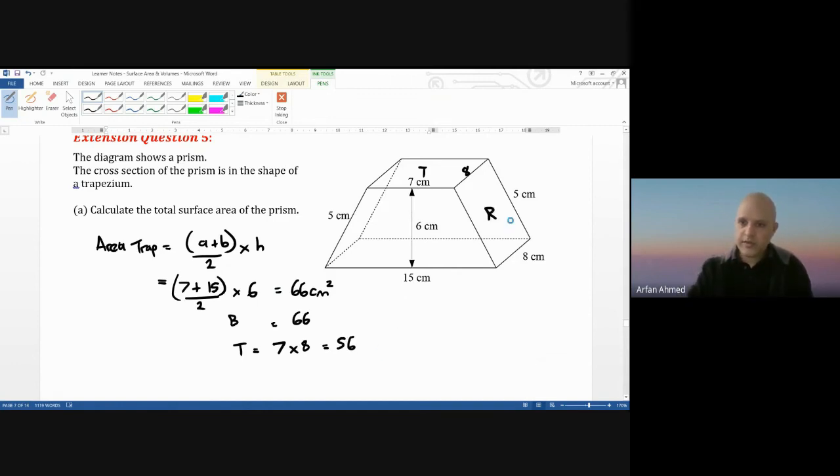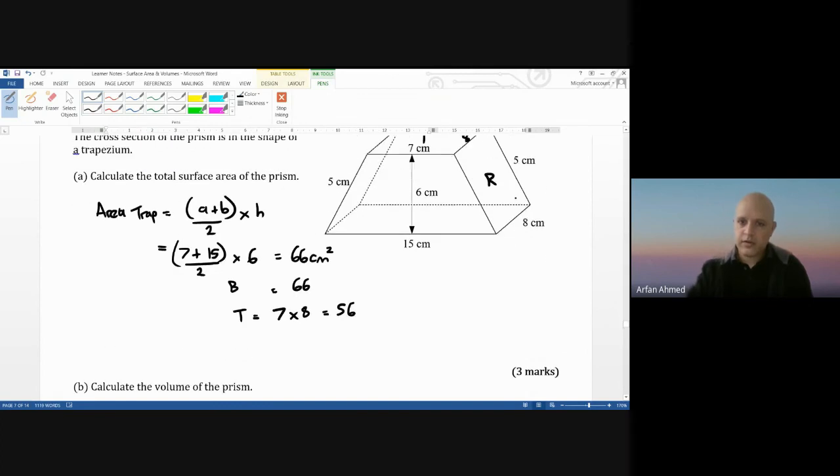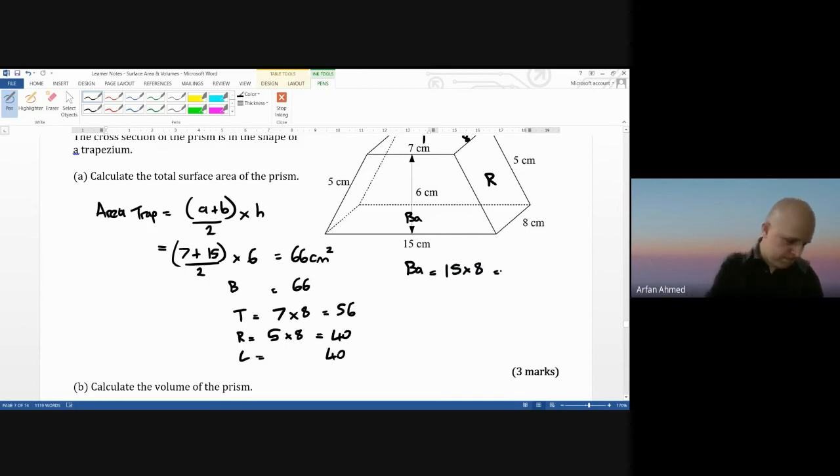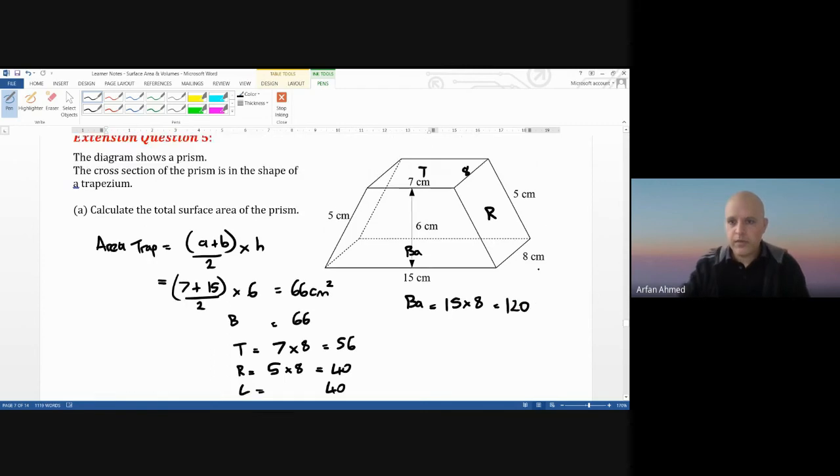Let's do the right-hand side. That's going to be 5 times 8, which is 40. Same as the left. And the base, let's call that the base there, is going to be 15 times 8, 120. That's all of them. It's got the top, the base, that side, that side. Yep, 2 of those.